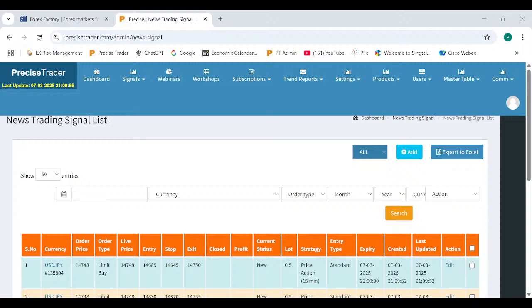Then for the pound, so we are trying to go for one sell and one buy.